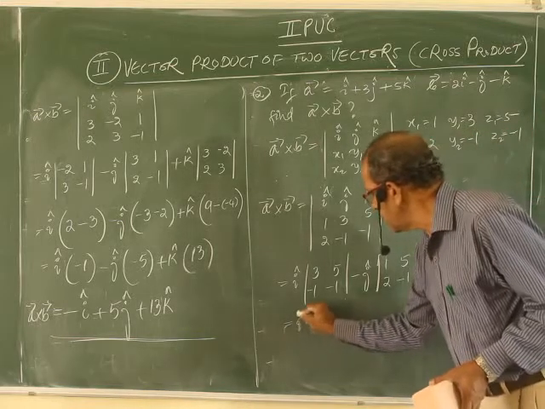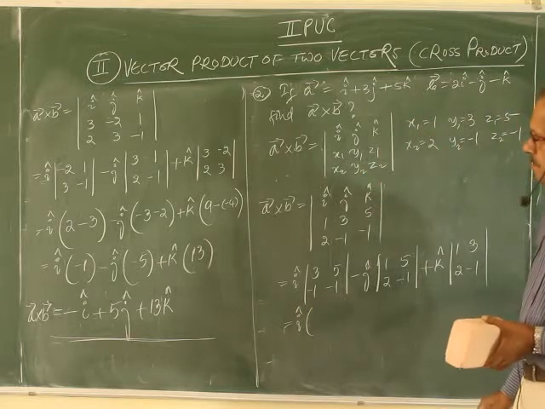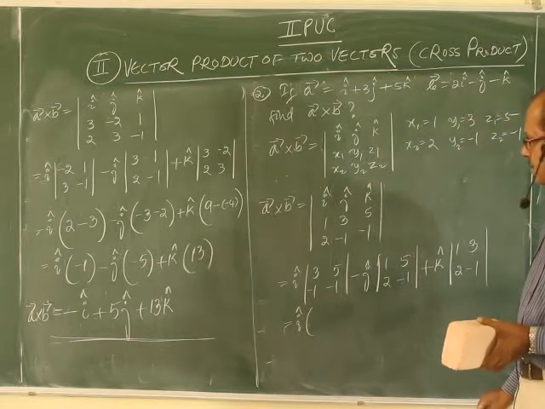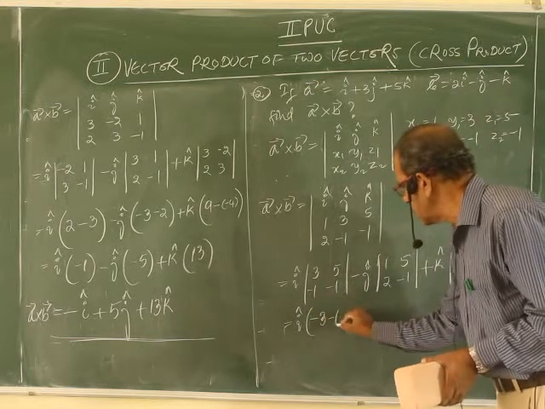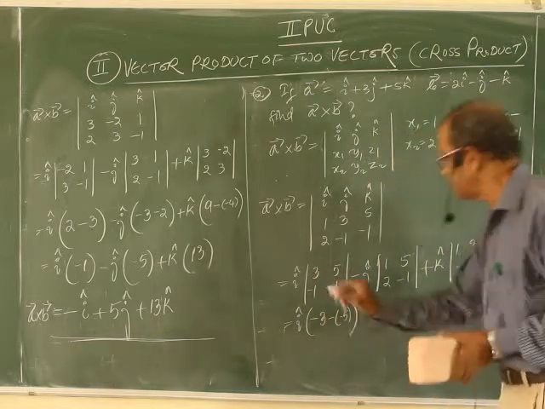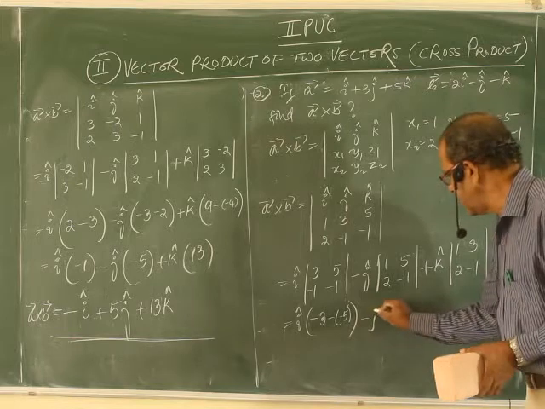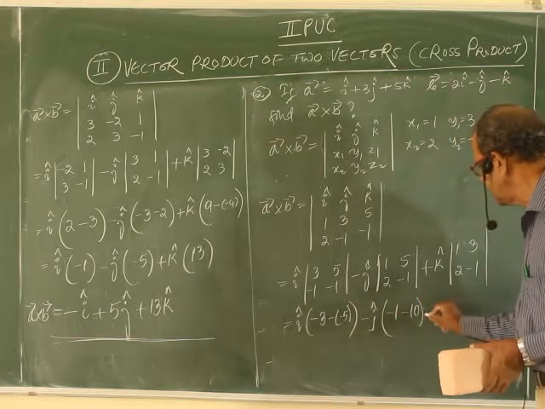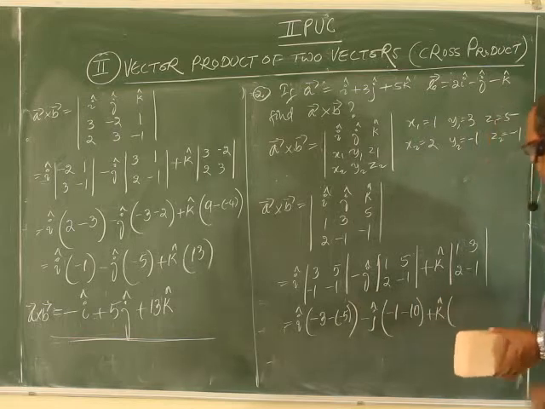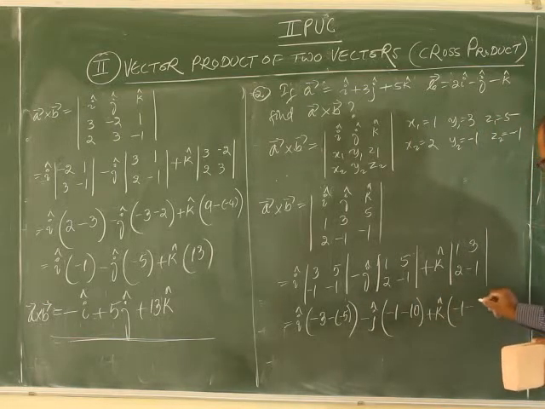Equal to I into minus 3 minus of minus 5, minus j into minus 1 minus 10, plus k into minus 1 minus 6.